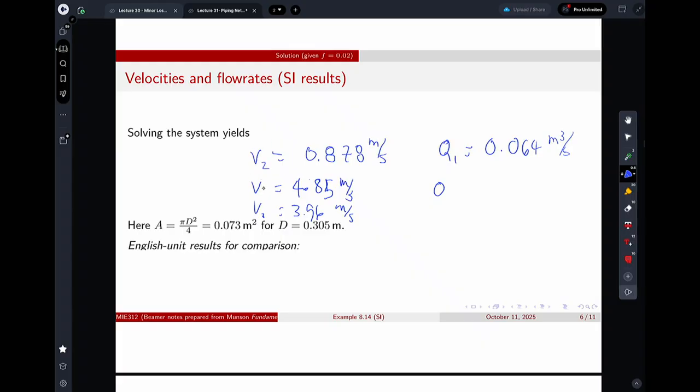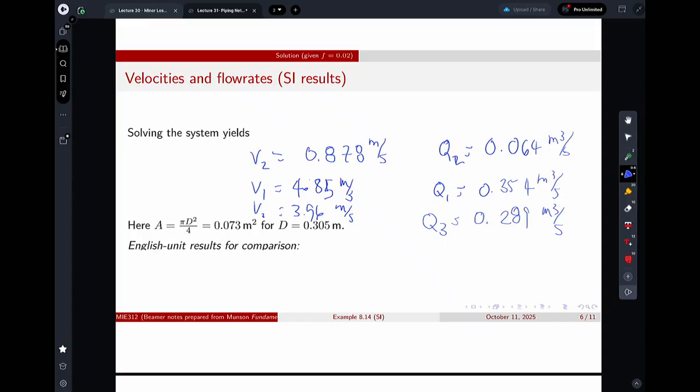For some reason, I didn't want to do this in the right order. So V1 is 0.78, V2 is 4.85, Q1 is equal to 0.354 meters cubed per second, and Q3 is equal to 0.289 meters cubed per second.